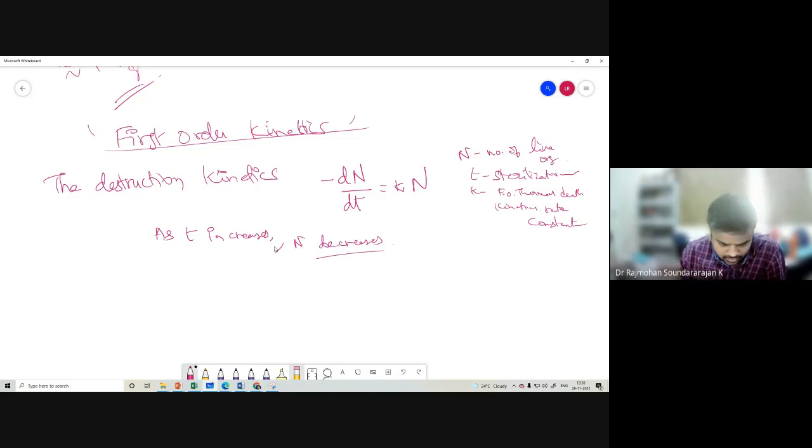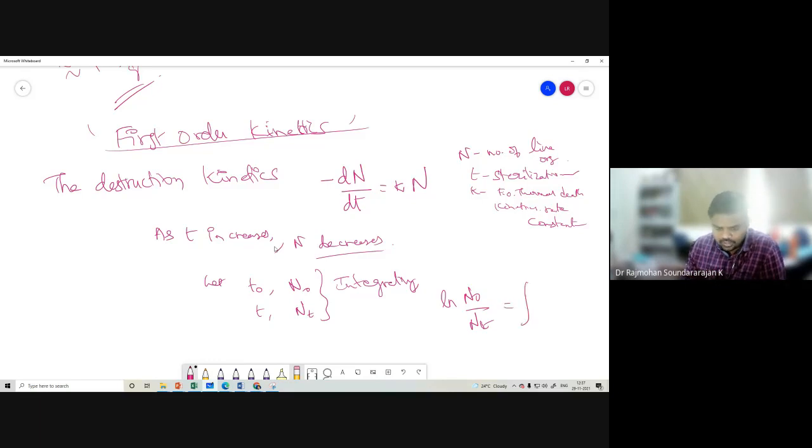Please integrate this equation with boundary conditions: let N naught be the number of cells at t equal to 0, and at any time t the number of cells is N. With these boundary conditions, integrating, you will get ln N naught by N_t, at any time t, equal to integral of k dt from 0 to t. So we can separate this and integrate it.